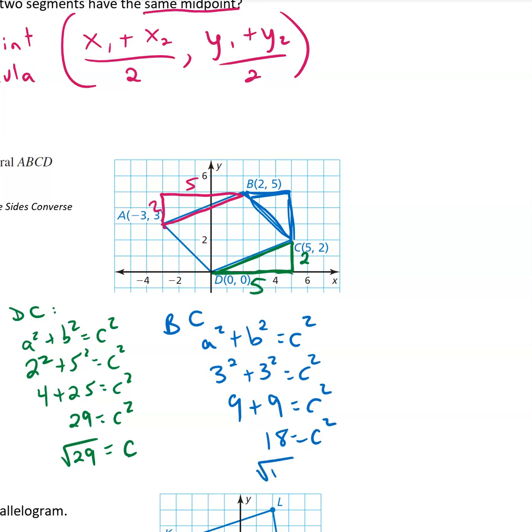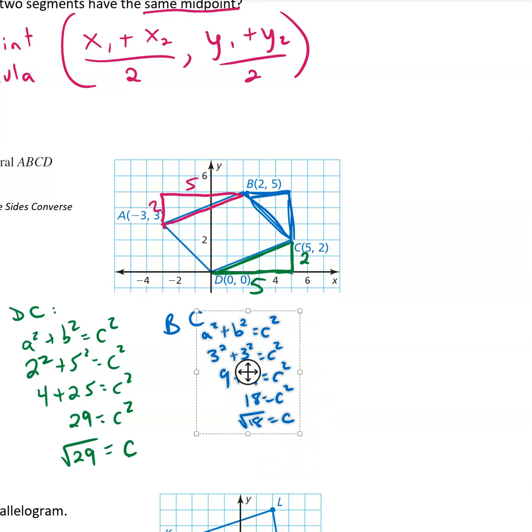So the square root of 18 is c. And we know that the square root of 18 does simplify since it's 9 times 2. So c is actually 3 times the square root of 2.